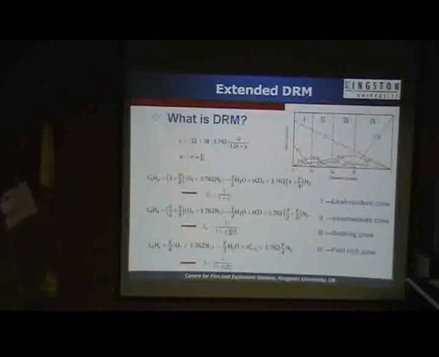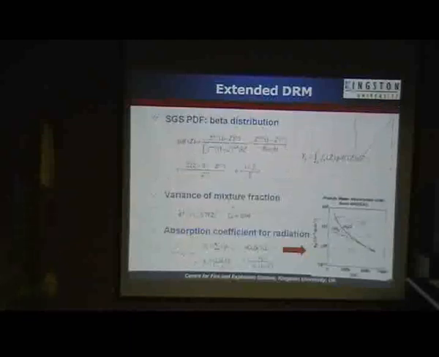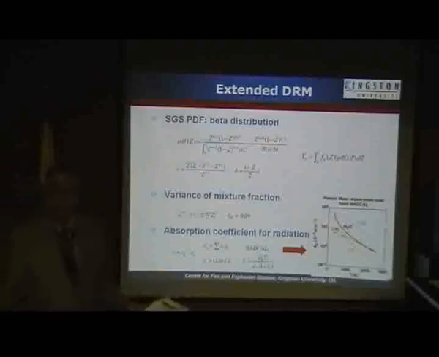The turbulence is expressed by PDF. So people who are numerical modelers know what this is. Those that don't, I cannot explain it because I don't have the time and I don't have the full knowledge. But it's a PDF model that gives a probability distribution for the mixture fraction. And this is the way it's represented.